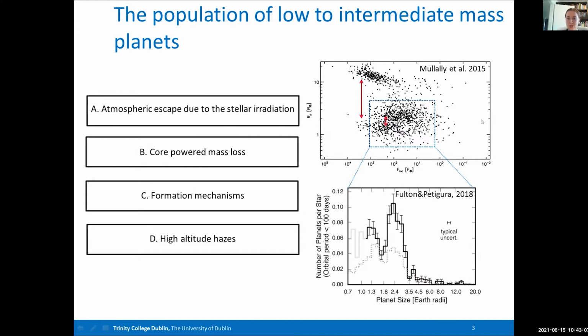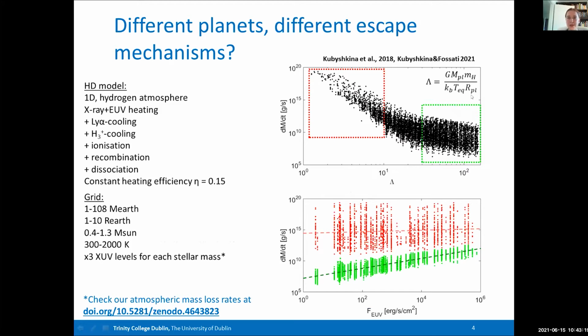In this talk, I would like to discuss the possible relative contribution from those two mechanisms for different planets. For that, I show here some atmospheric mass loss rate estimates from hydrodynamical modeling, where the model is outlined briefly on the left. It is a 1D hydrodynamical model considering a pure hydrogen atmosphere exposed to stellar irradiation with constant heating efficiency.